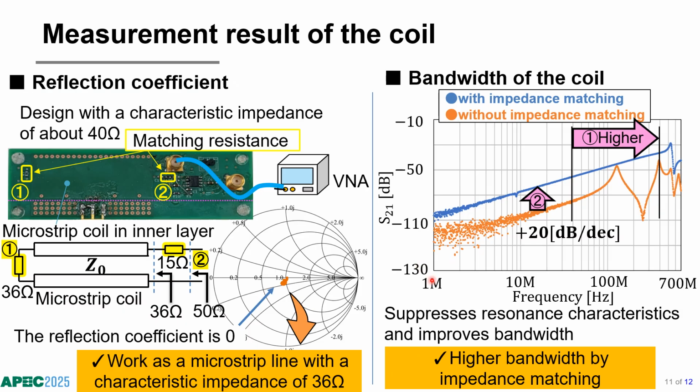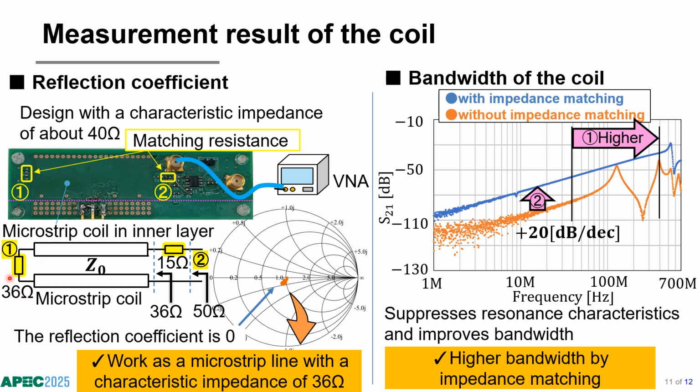So in this slide, I show you the measurement result of the coil. First, the reflection coefficient is measured by a network analyzer to verify the designed coil functions as a microstrip line with characteristic impedance. In this prototype, the characteristic impedance is designed to be about 40 ohms.